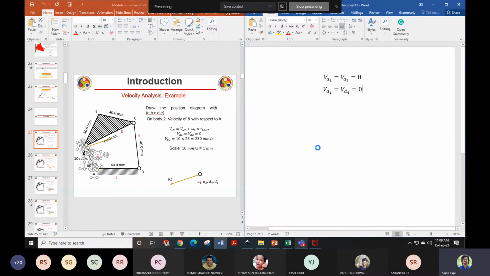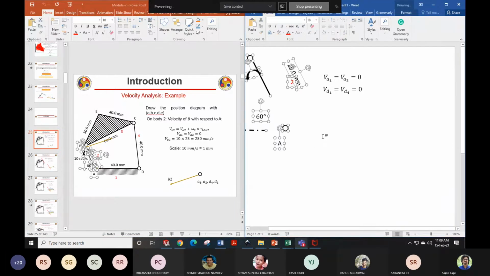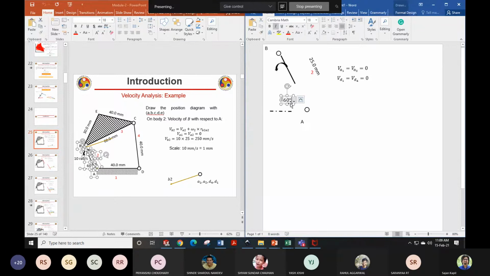Let us draw it here, like this. I'm going to delete everything. And you see, look here. There is point B on the body and there is point A on the body, and I'm talking about body number 2. Correct? Now this is body number 2.